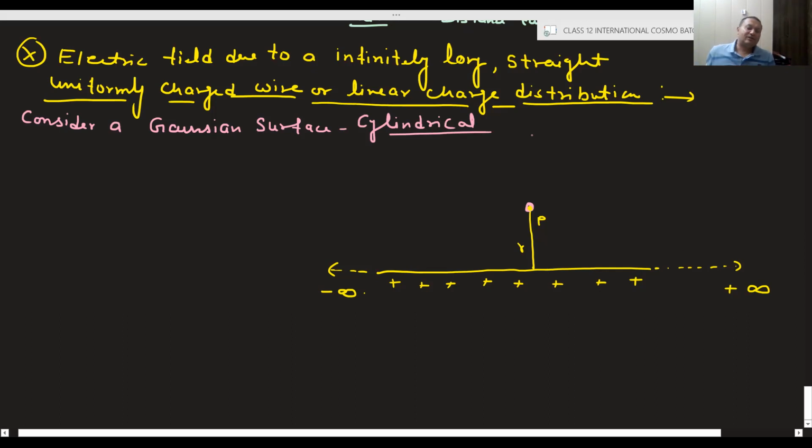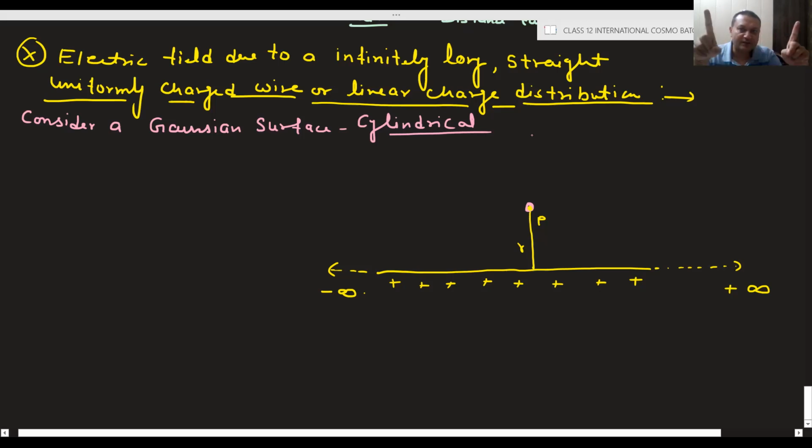But the question arises, what is the length of this cylinder? The length of the wire is infinity, so there is no point in considering the Gaussian surface as infinity. You cannot consider it as infinity, so you have to consider the length L of the Gaussian surface.